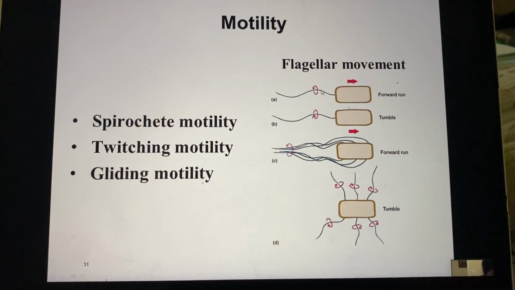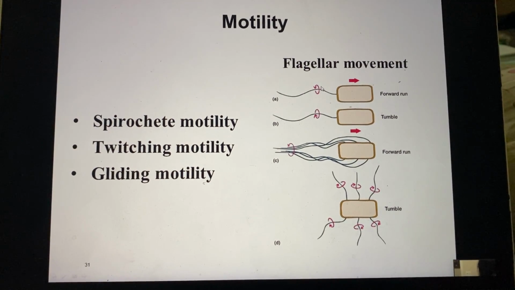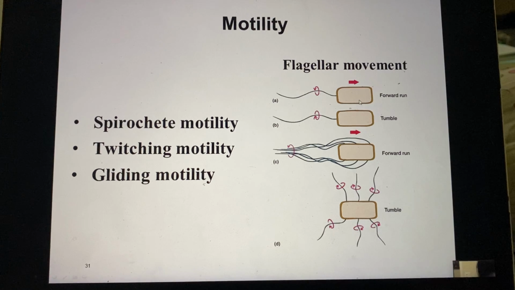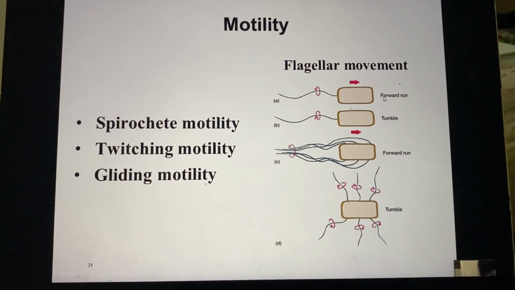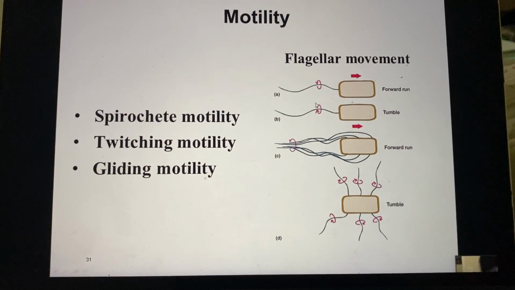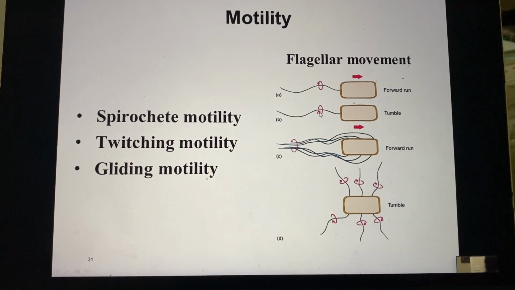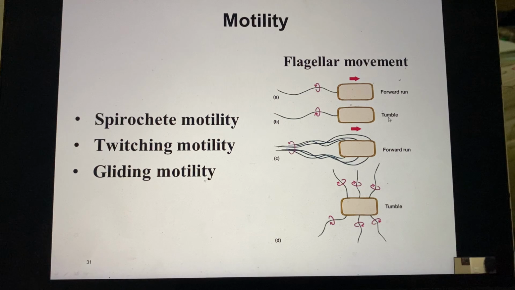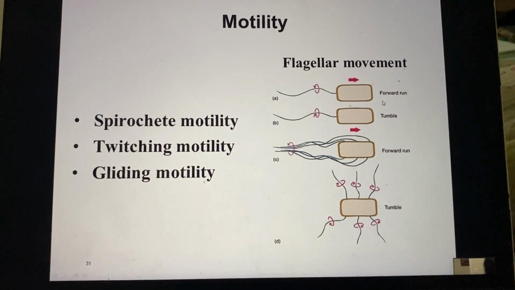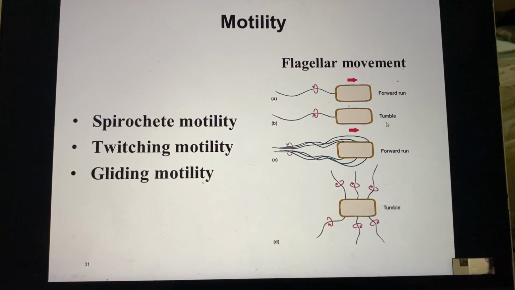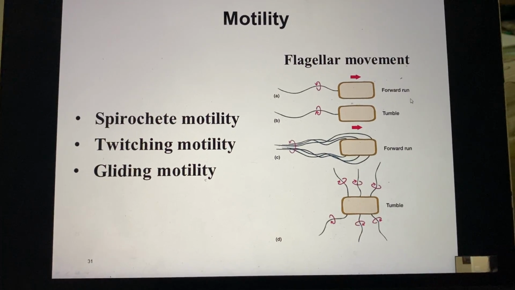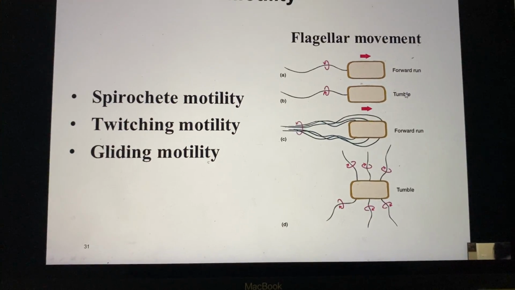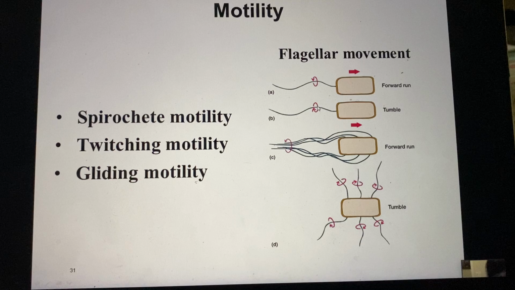The proton motive force drives this flagellum to rotate, and as it rotates counterclockwise, you will see the bacterium move forward. When it does the clockwise rotation of the flagellum, the cell will stop moving forward, stop and tumble. So those are the 2 movements that have been described in terms of flagellar movement, a forward run and a tumble.